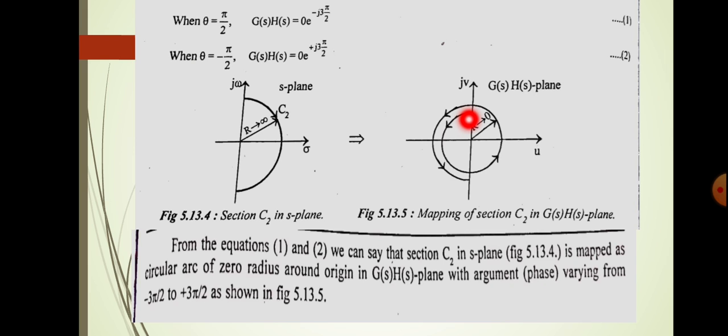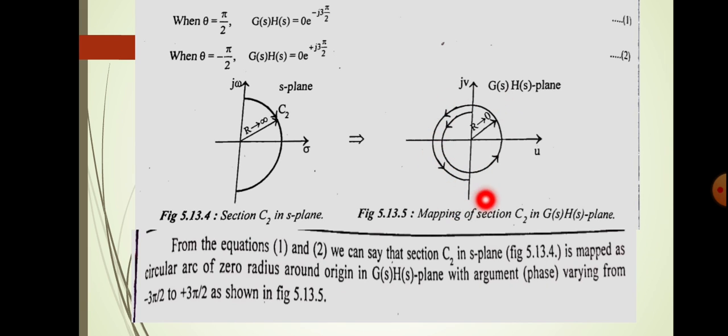Sometimes there may be confusion that you may draw it on this side, but actually this is going in the clockwise direction, so this should go in the anti-clockwise direction. How far we should go is determined by the phase, from minus 3 pi by 2 to plus 3 pi by 2, so the total number of pi by 2s will be 6. So we will go 1, 2, 3, 4, 5, 6. And also the arrow mark is in the flowing direction.